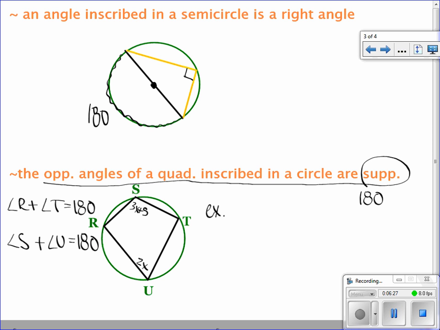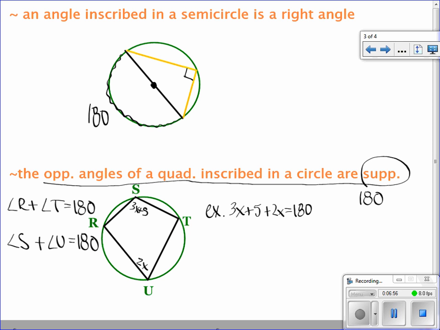Plus 2x equals 180. We're not going to go through and solve that. You guys are good at that part, but this is the new property that we're going to be using. So if you have a four-sided figure exactly inside of a circle, the ones across from each other will always equal 180.